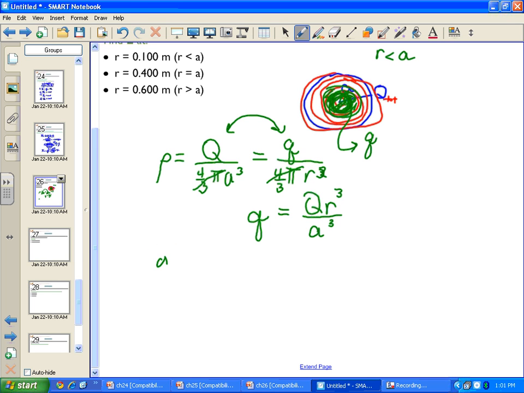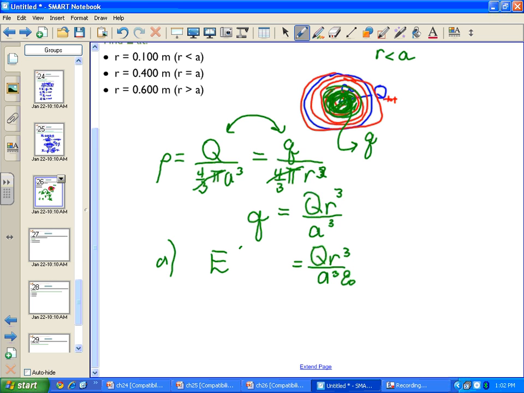Now we are ready to proceed with finding the electric field at a point inside. On the right side, we want to write our Q in, capital Q, r cubed over a cubed, and of course we've got an epsilon naught here.